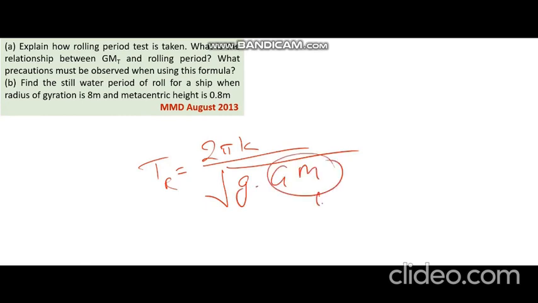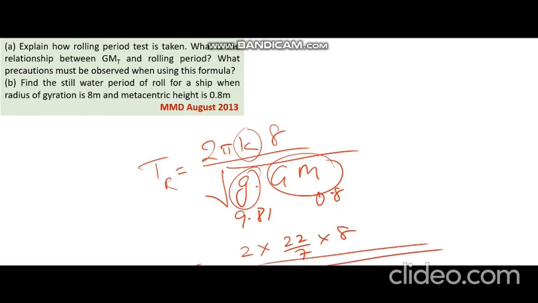GM is given as 0.8. g you know is 9.81. Radius of gyration is given as 8 meters. Pi you know is 22 by 7. So this becomes the answer to this question. Very quickly you can get the answer and move on to some other question. TR will come in seconds. Is that clear?